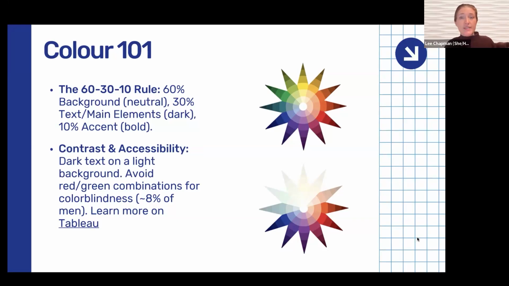I can show you some great examples of that later. Use the accent color strictly to highlight really important findings. Maybe if there's that one thing that you want people to remember, or a stat or data point that's really important, that's when you use your 10%.